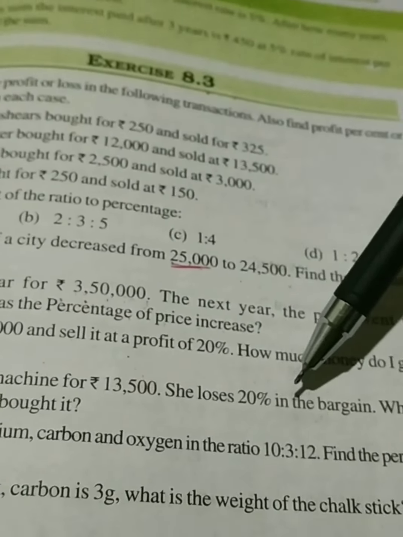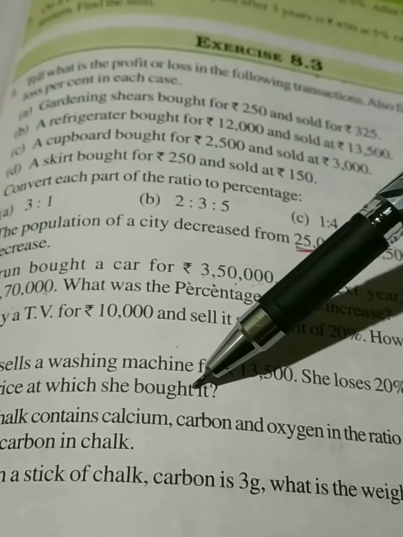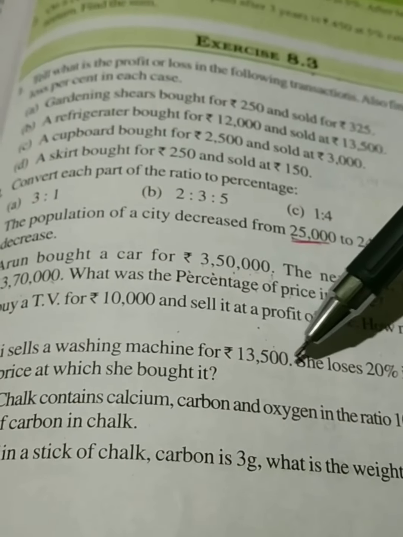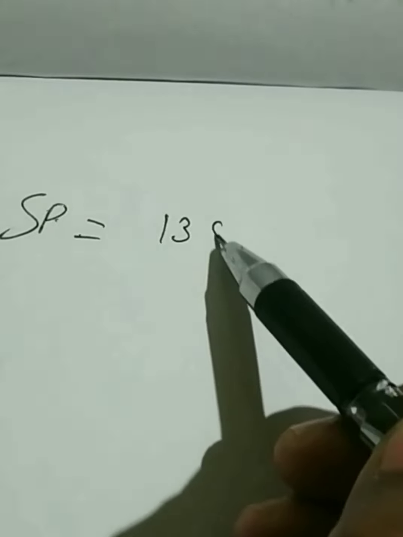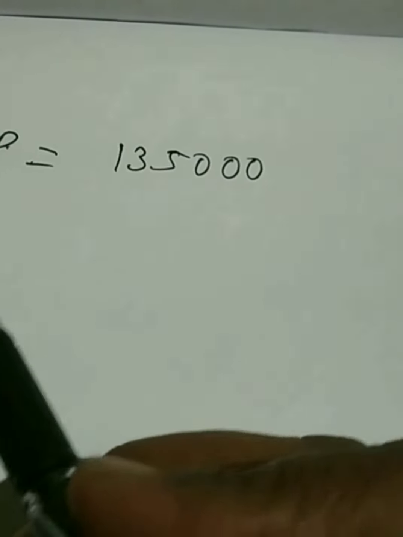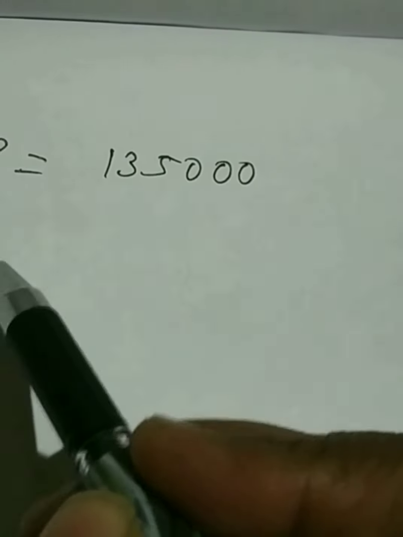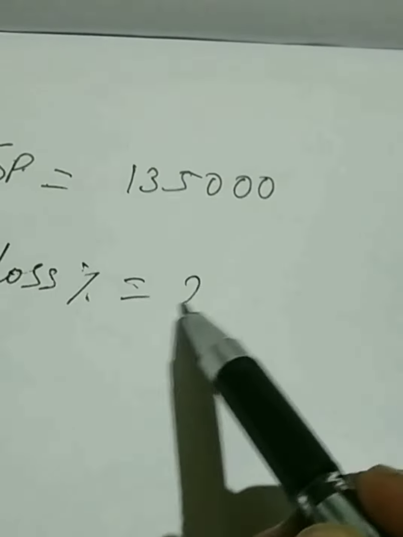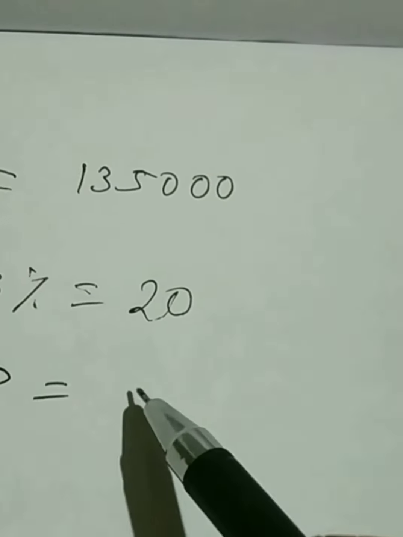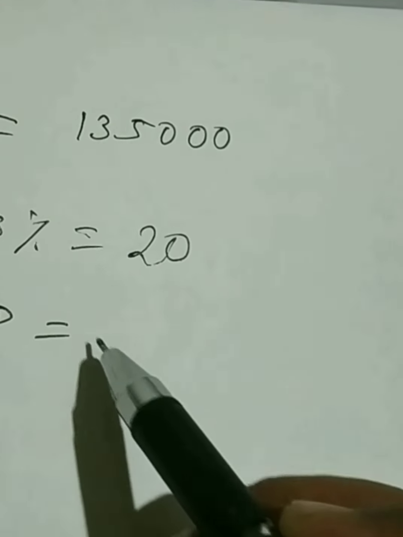We have to find the cost price. Cost price will be more than 13,500. Here selling price is equal to 13,500 and loss percentage is equal to 20. We have to find the cost price of the washing machine.